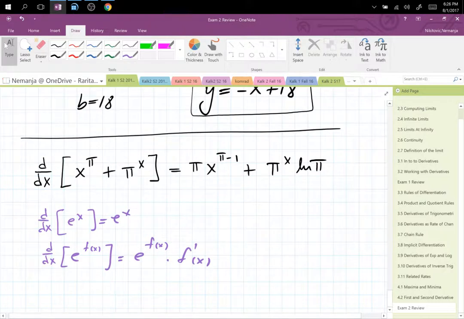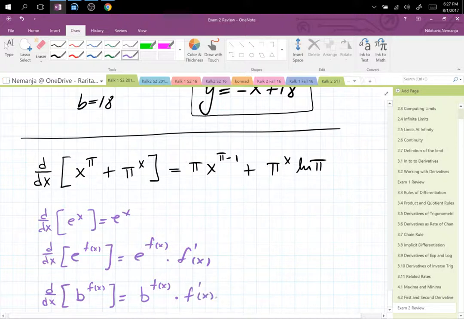And then the boss rule, as I called it, is when you have any base b raised to any function: you copy as is, times the derivative of the function, times the ln b. Now our function was x, so its derivative is 1, so we didn't have to do the middle part. But ln b was still there because the base was not e, it was pi. I just saw that today.